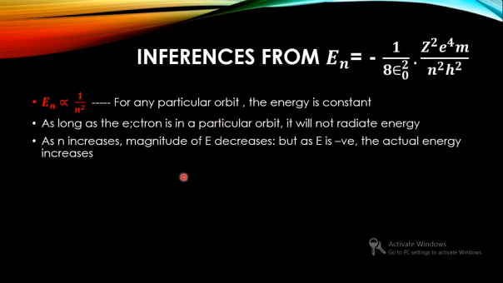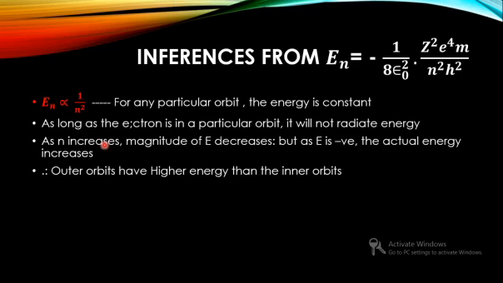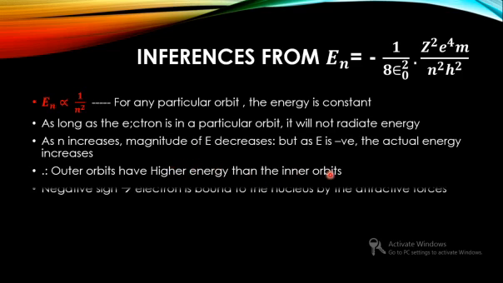So the actual energy will increase with the increase in n. So for a higher orbit, energy will be larger, though its magnitude is less due to the presence of the negative sign. It will have a higher energy than the inner orbit.